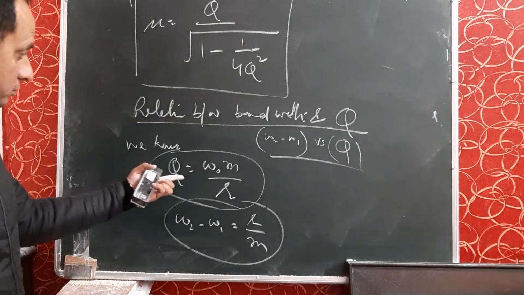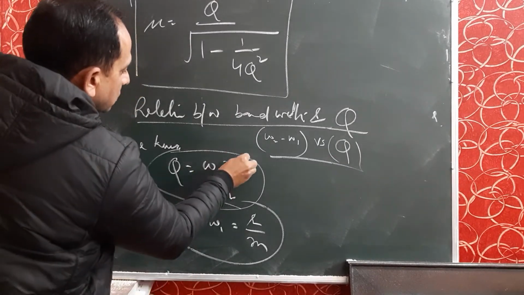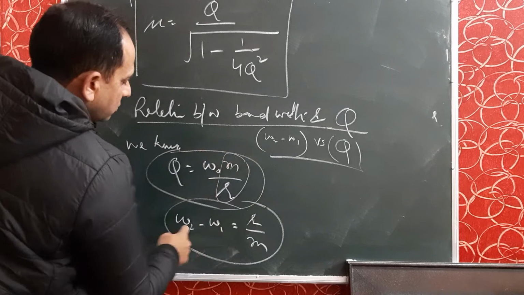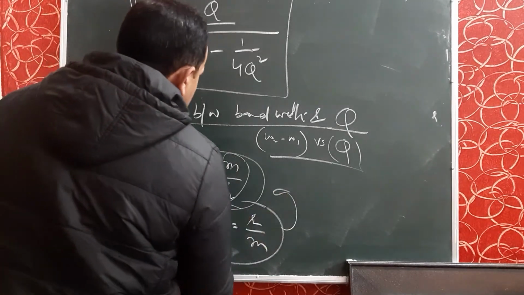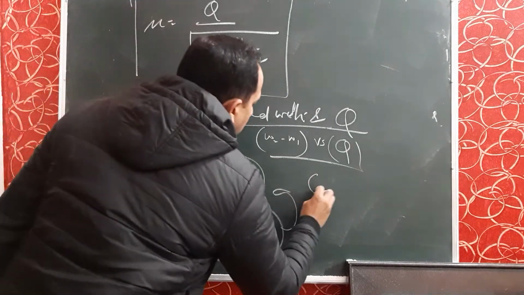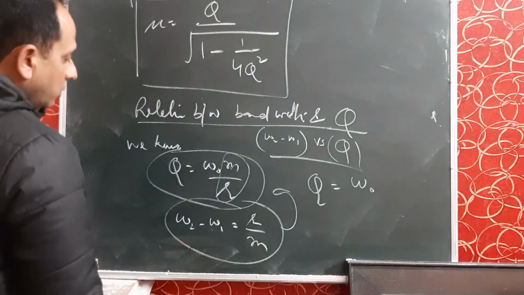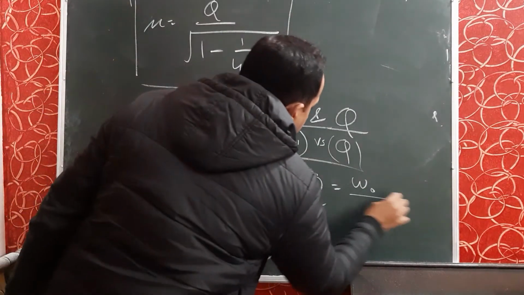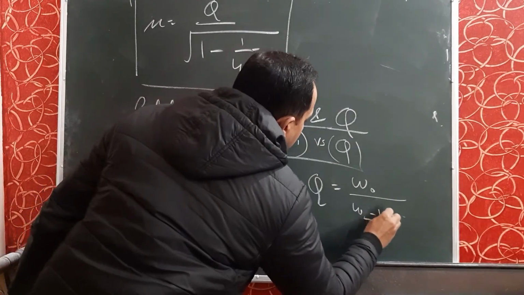Now we may put r by m as omega 2 minus omega 1 in this equation. Putting the second value in the first, we get Q is equal to omega naught over r by m, and r by m is omega 2 minus omega 1.